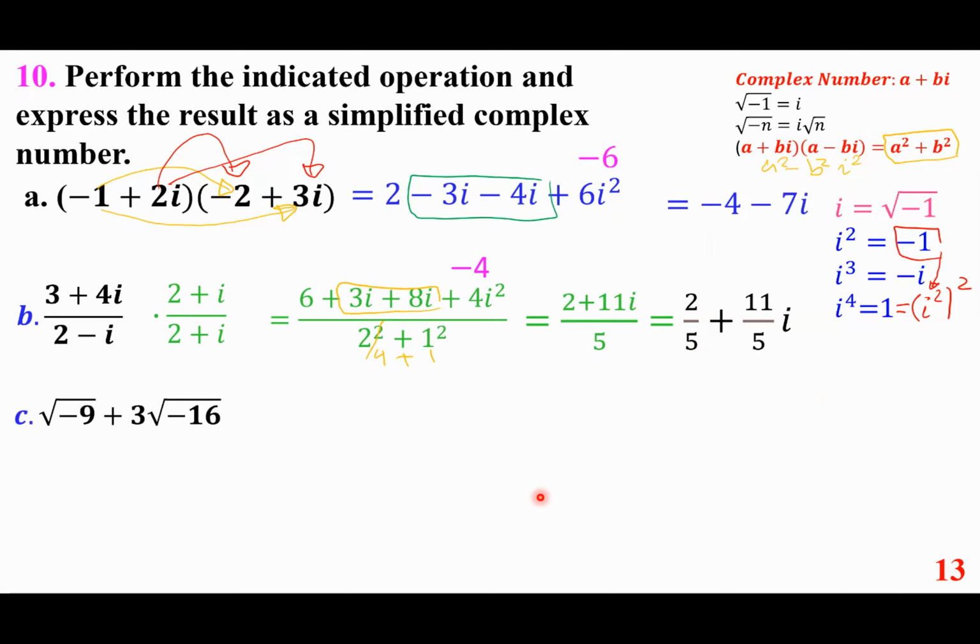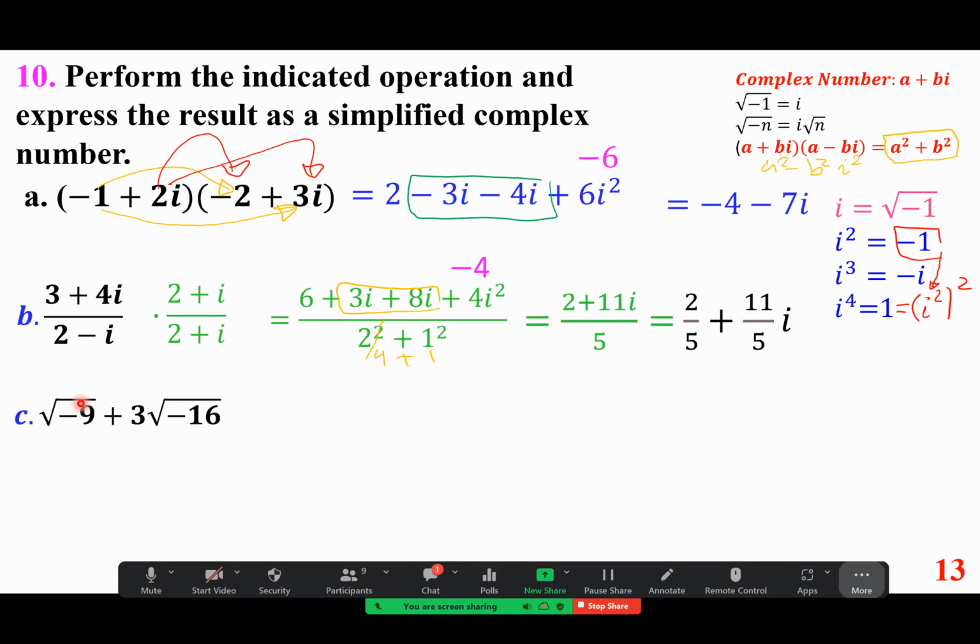All right, anytime you want to multiply radicals where you have a negative number, you have to get rid of the negative. For example, in this case, we will follow this, and we're going to change this to 3i. This one is fine.